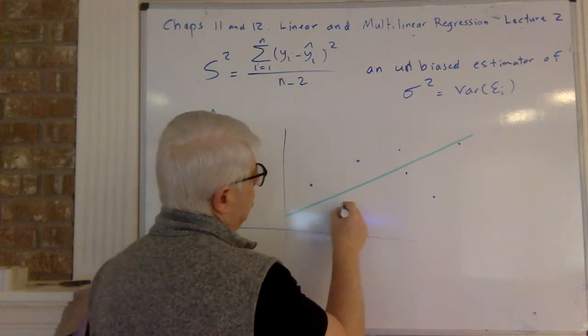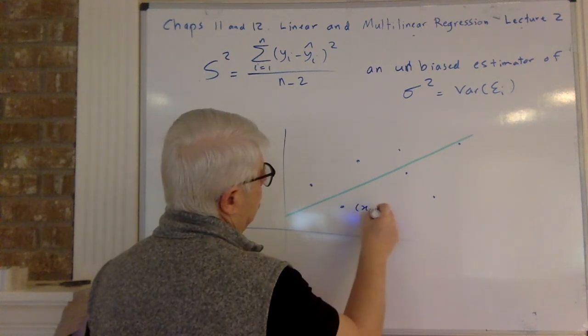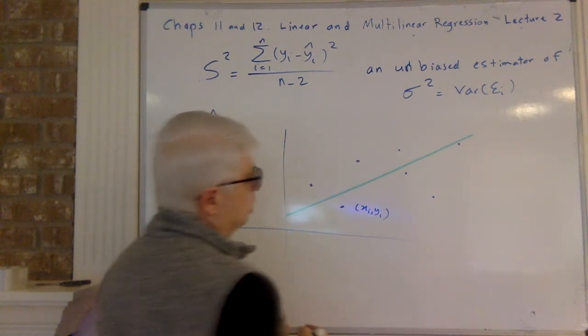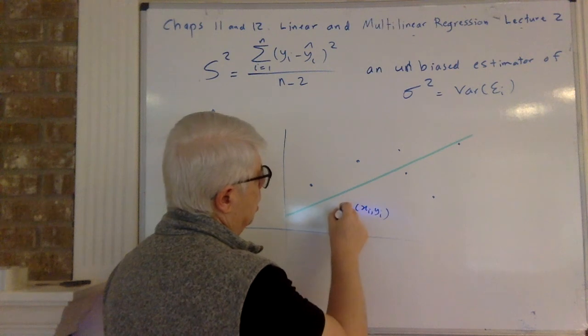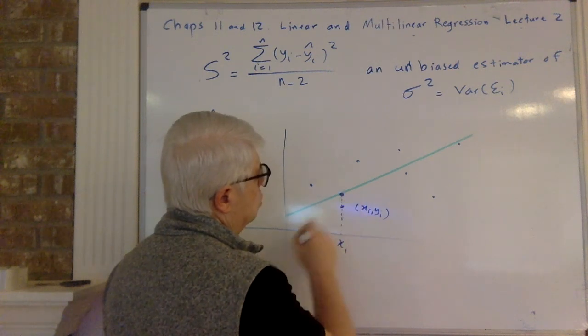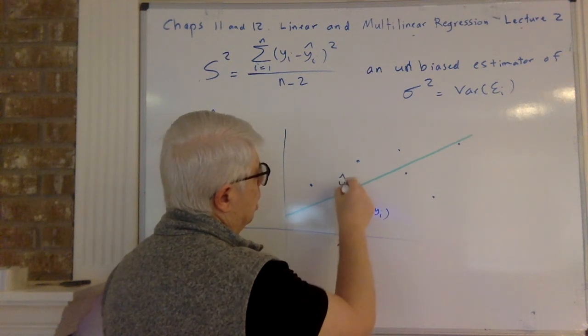Take this one for example. Say this one is xi and yi. This is the data point, and I have xi here, and this is y hat i.